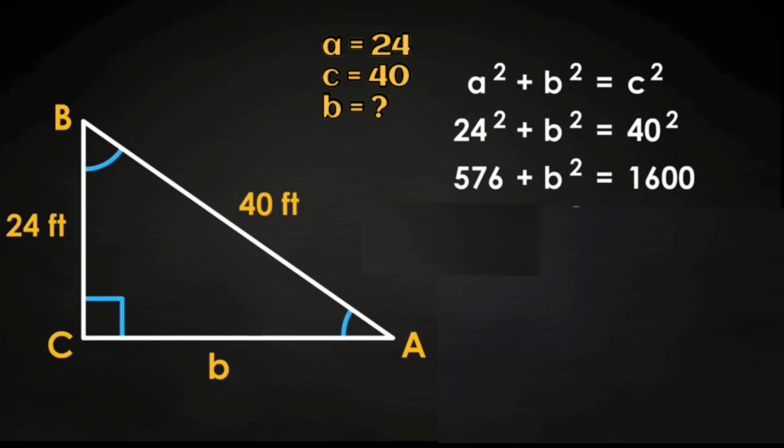Now this time, what we are going to do is to eliminate 576 on the left side. It's either we're going to apply the subtraction property of equality, wherein we're going to subtract both sides of the equation by 576, or just simply transpose it on the other side.